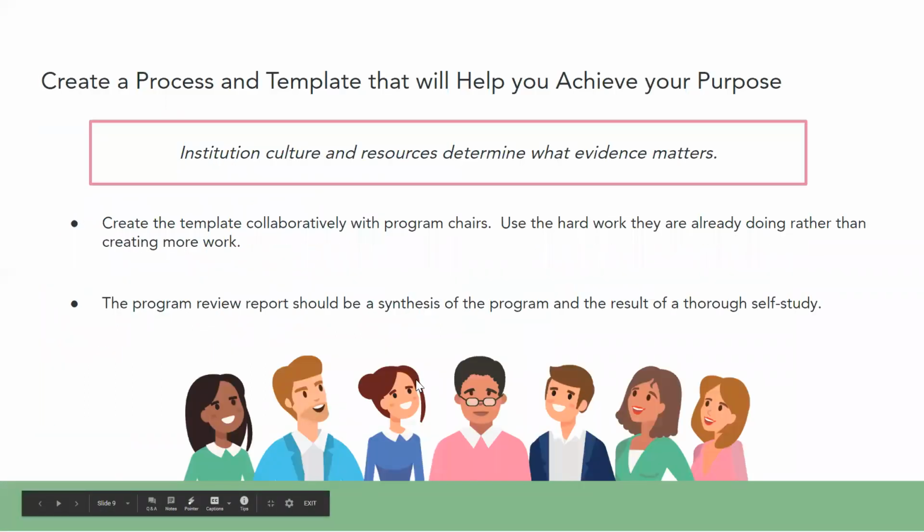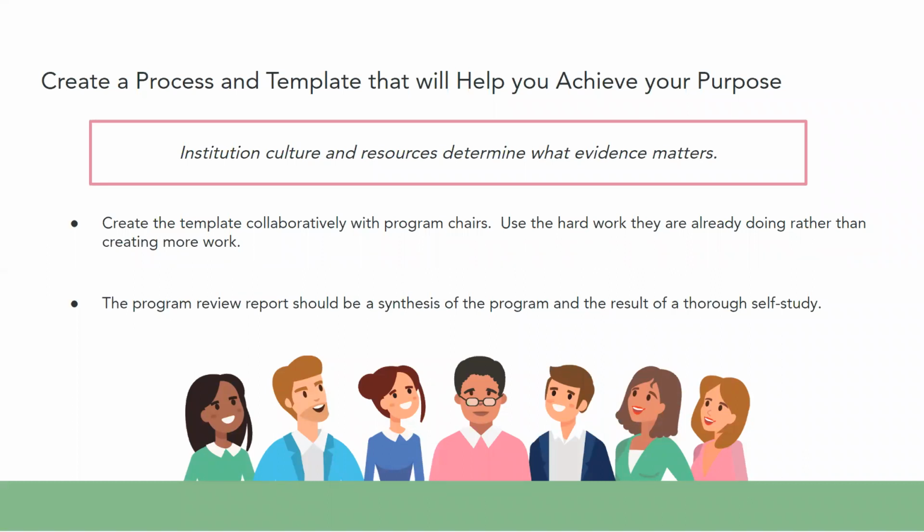So you'll want to then create a template that will help you achieve the purpose that you've decided on. And we get a lot of questions from Weave members saying, okay, just tell me what sections to put in the report, right? That's just what they want to get at. What should I put in there? But the true answer to that is that your institution culture needs to drive that.